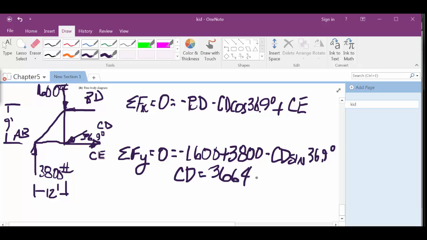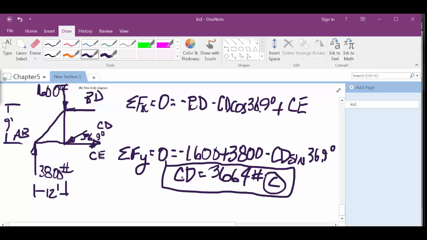Yeah, let's just make it 3664 pounds. It came out a positive value, so it was in compression. So we can put CD right there. That was 3664.